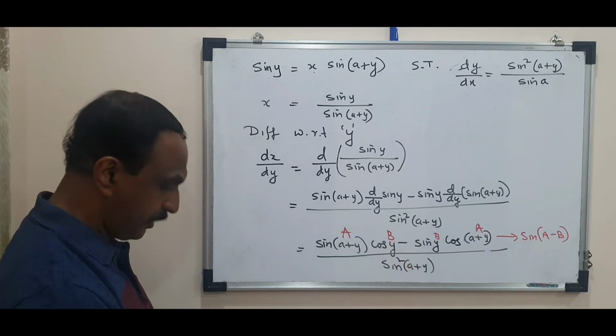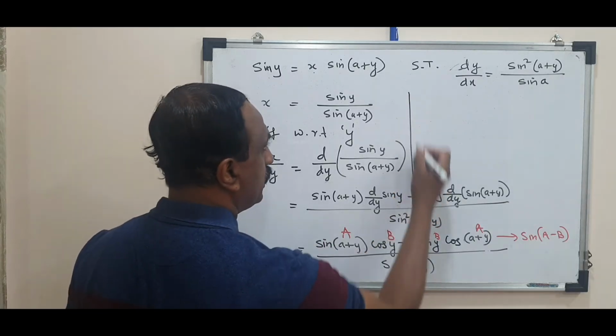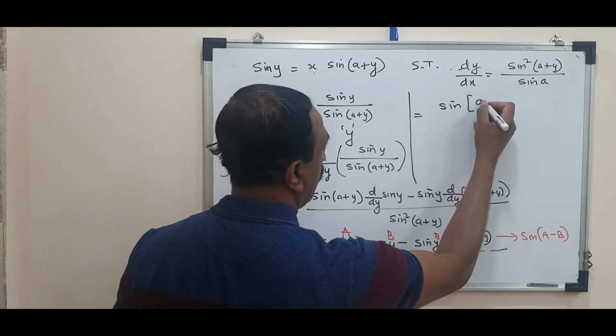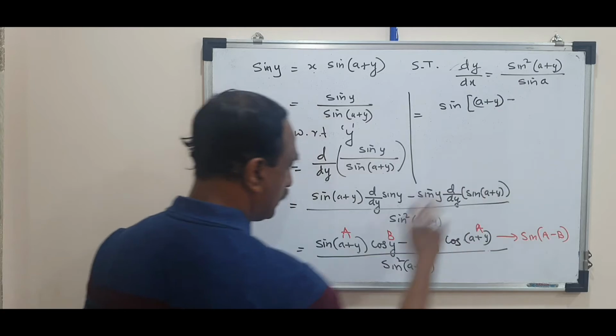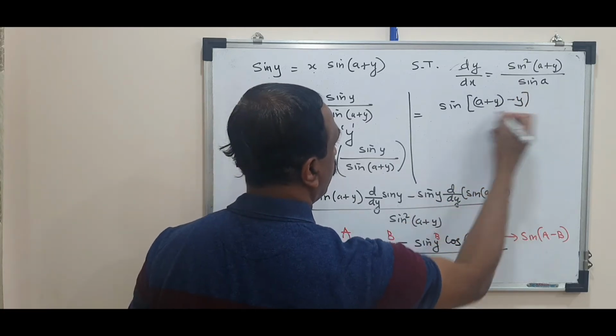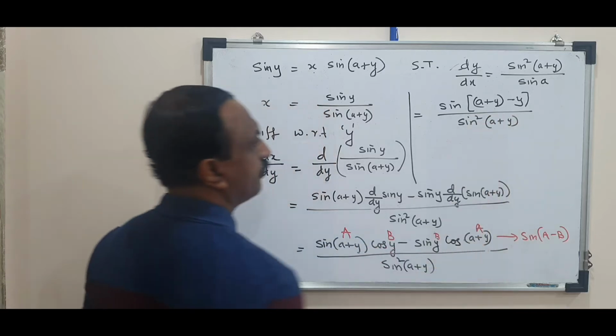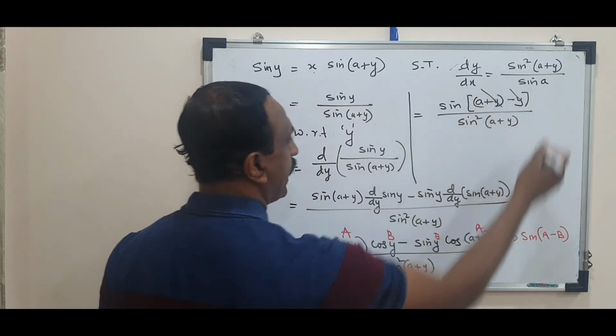So your answer would become sine of a plus y minus y divided by sine square of a plus y. So this y and this y will get cancelled.